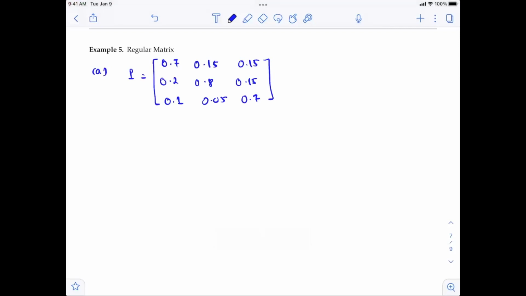And I say that this matrix is regular because P raised to the first power has only positive entries.